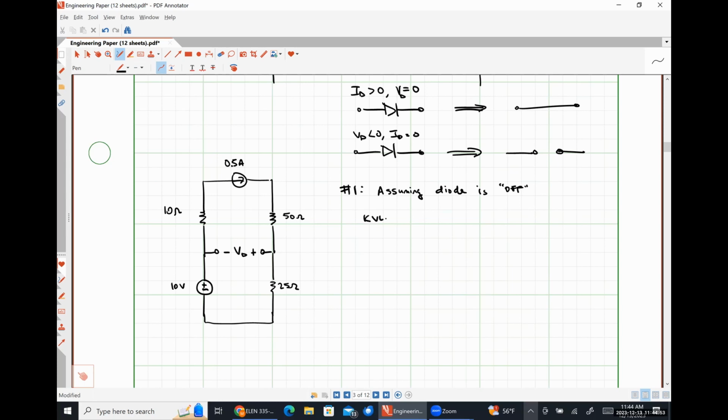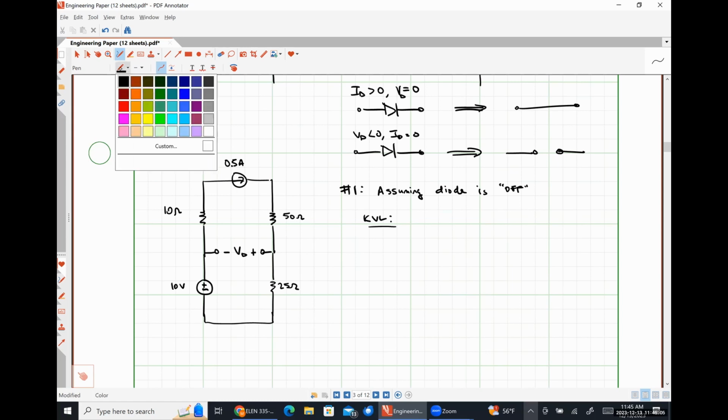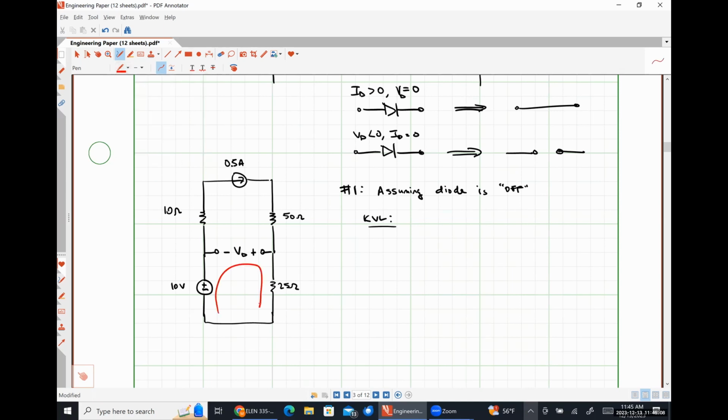If we wrote a KVL equation around this loop, and I'm going to use this bottommost loop right here, we would see negative 10 volts minus VD plus 25 ohms times half an amp is equal to 0. Solving this expression, we find that VD is equal to 2.5 volts.